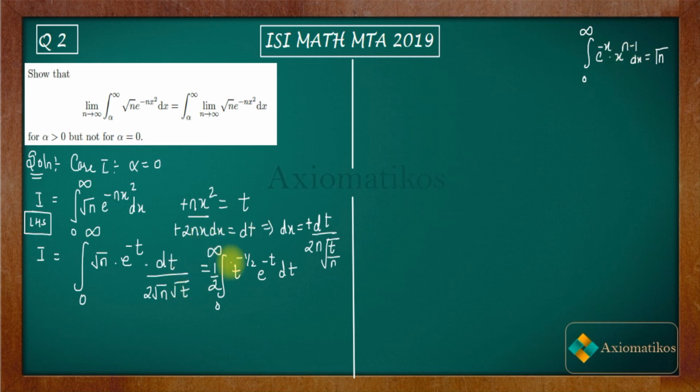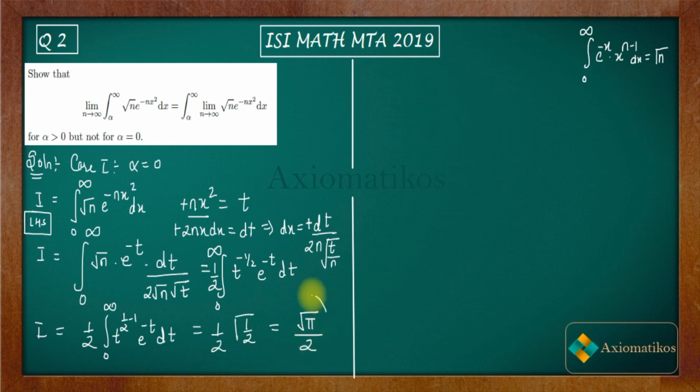So I will write it as the integral from 0 to infinity of t to the power 1 by 2 minus 1 e to the power minus t dt. Now using this, I can write this as gamma of 1 by 2. If you have studied the gamma function, you know that the value of gamma of 1 by 2 is root pi. So you will finally get root pi by 2 as your answer.